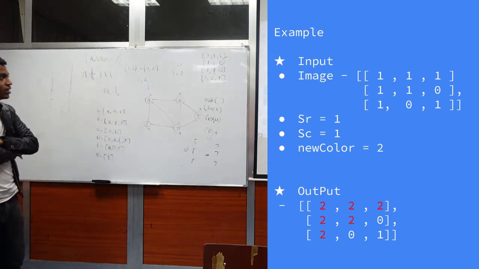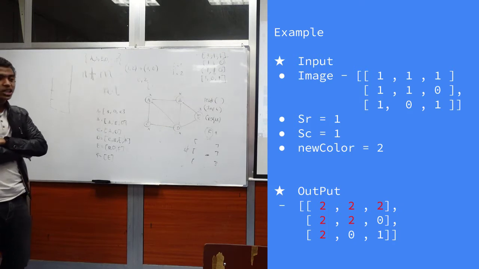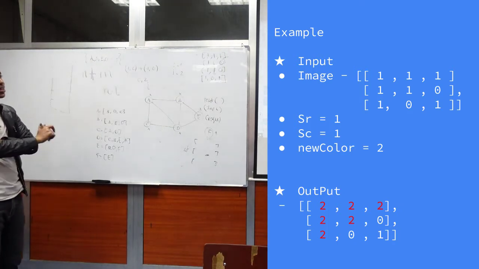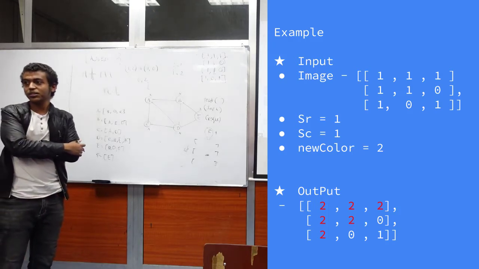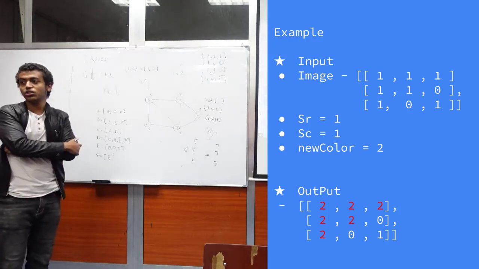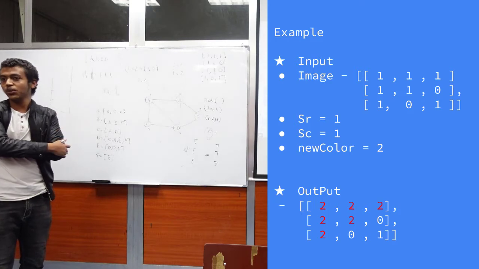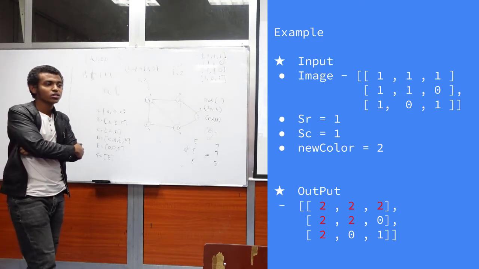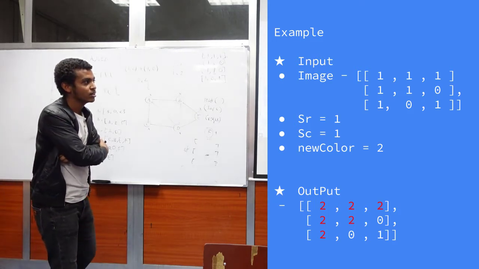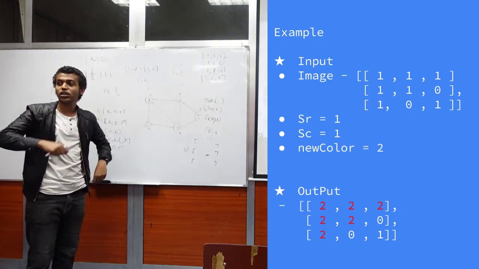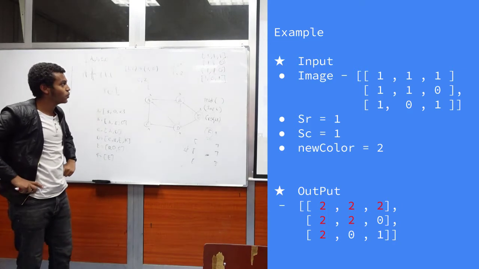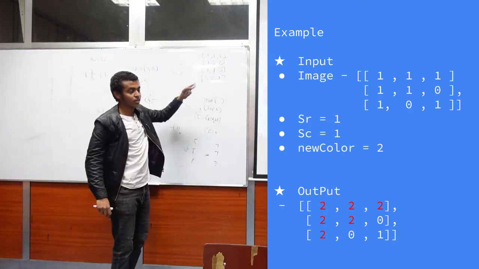In this case, let's not see the zeros as part of our graph, the colors that are not the same as our starting pixel, because they're not going to be related to the starting pixel in any way. So let's say the graph consists of pixels that have the same color as the starting pixel and are connected to it in some way. So what's the graph here?